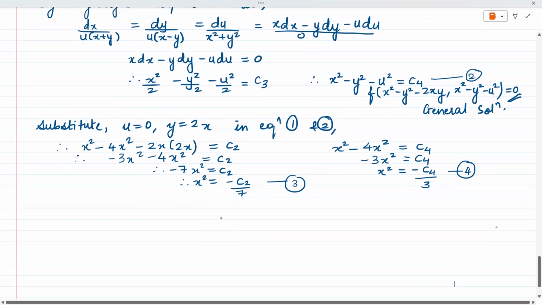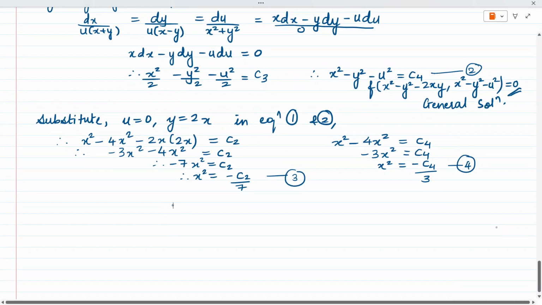So now I can say from 3 and 4, c2 upon 7 is equal to c4 upon 3. I've just removed the negative sign from both sides. So I can say 3 times c2 is equal to 7 times c4. यहाँ पे equation number 1 and 2 की values डालेंगे.